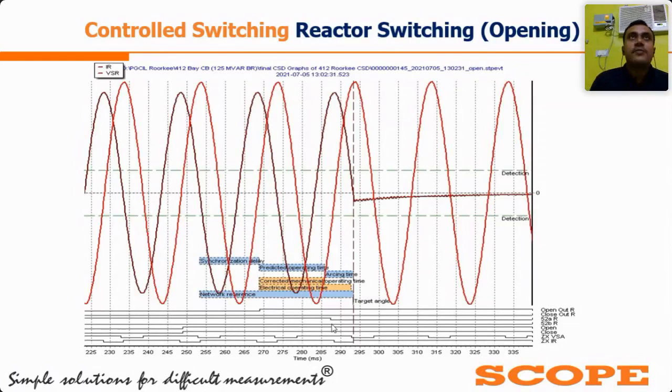Generally, we use a CSD relay in manual operation. If anyone has a doubt about what will happen in protection condition, CSD is taking some delay to provide the command.